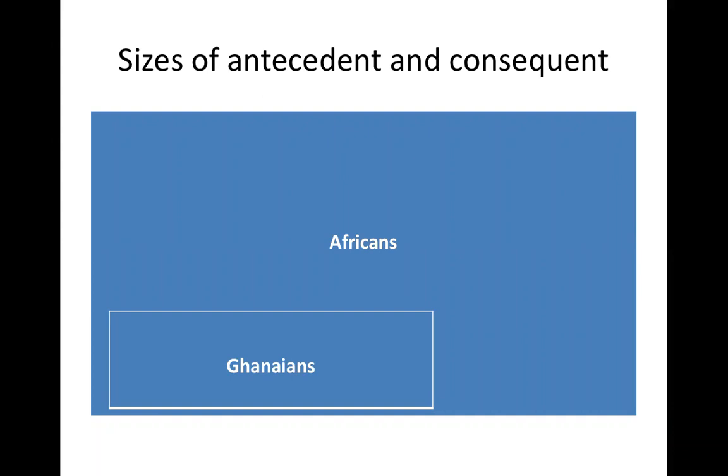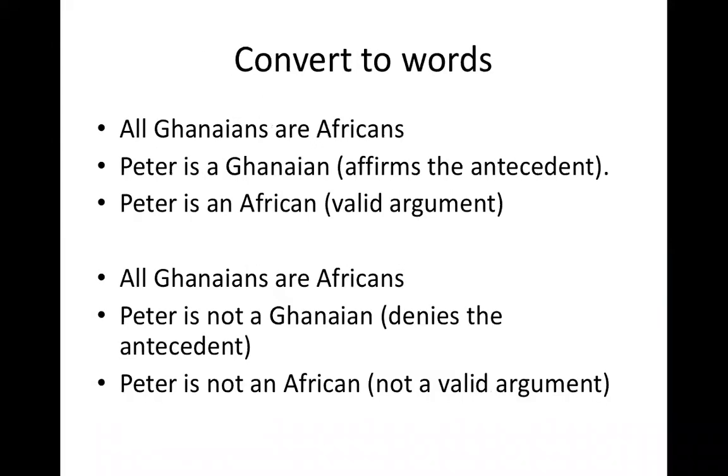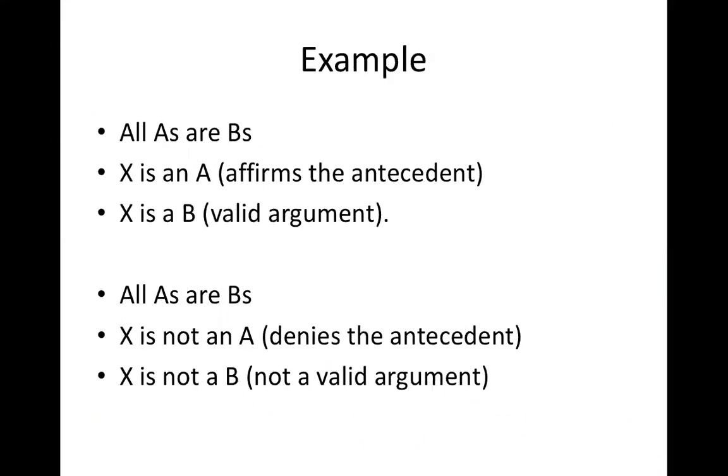That is why an argument that affirms the antecedent is a valid argument, but an argument that denies the antecedent cannot be valid. So any argument that affirms the antecedent is valid. Any that denies the antecedent is not valid.